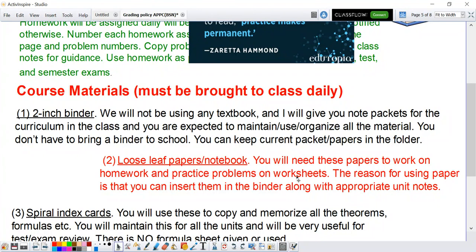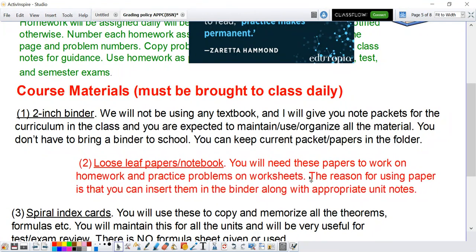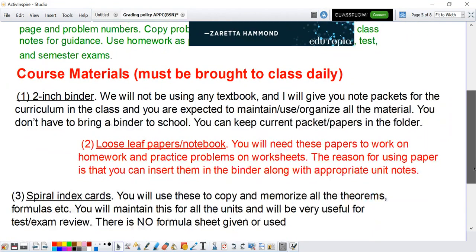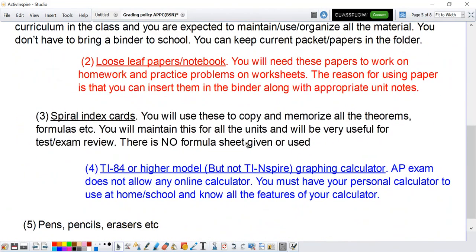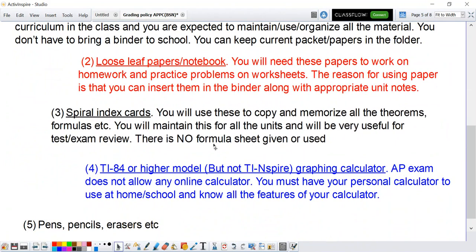You need a loose leaf paper notebook to work on the practice problems. Spiral index cards: since there is no formula sheet and you have to memorize so many theorems and formulas, it's always good to create flashcards and maintain all those index cards.